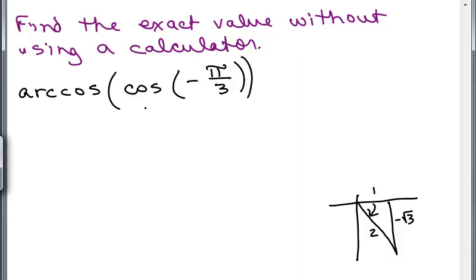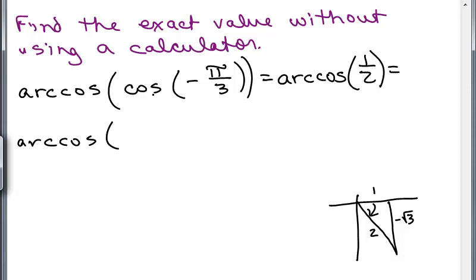So the innermost part in here is arc cosine of 1/2. All right, so I've just simplified the cosine of negative pi over 3. By the way, some people know that the cosine of negative x is the same thing as the cosine of x. So if you want, you could do this, because that's an identity.